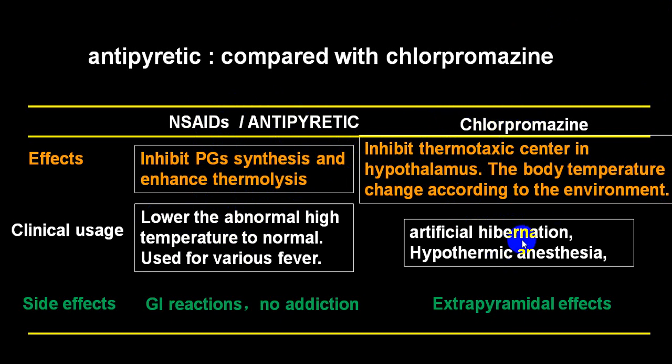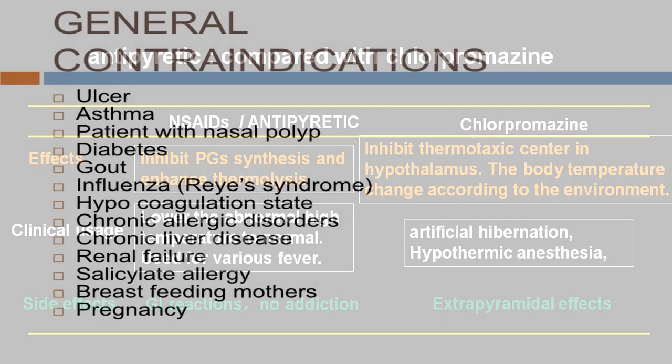But in children, do keep it in mind, it can have extrapyramidal side effects. While NSAIDs have side effects like GI tract problems, there is no addiction, while chlorpromazine can produce addiction also, and there are extrapyramidal side effects. So while giving chlorpromazine, you have to keep this in mind, and it will be a drug of choice in children with hyperthermia. So you have to think it over.